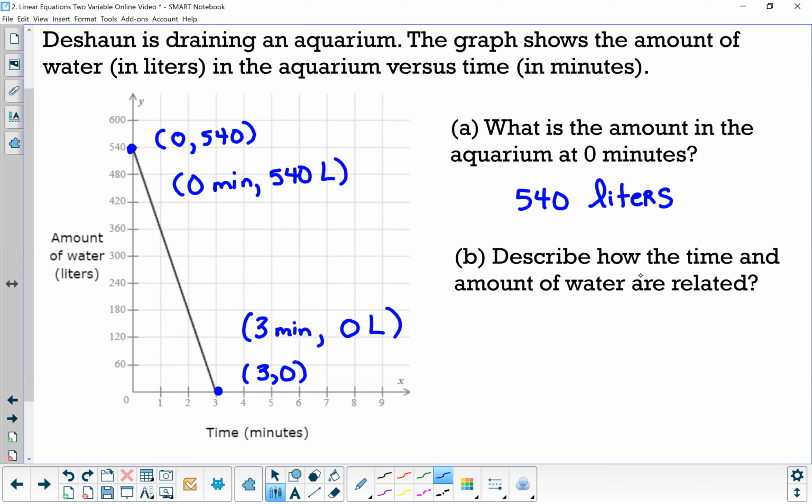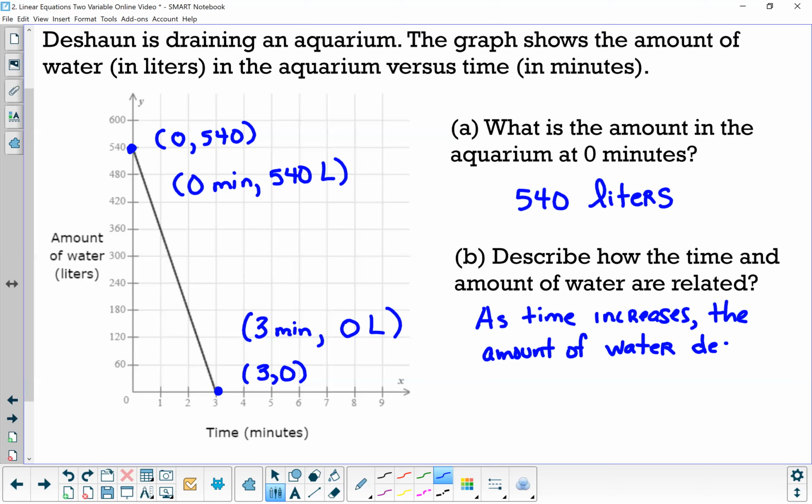Part B, describe how the time and amount of water are related. Okay, as time increases, the amount of water decreases. It is going down.